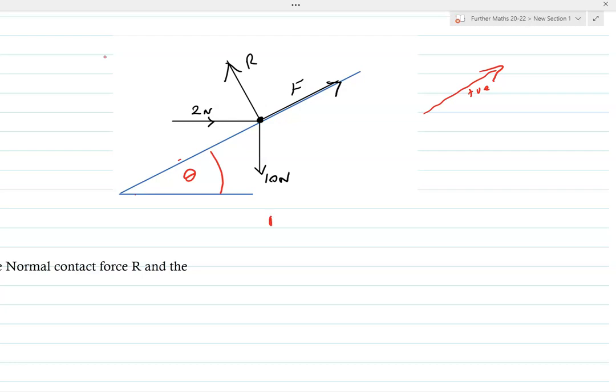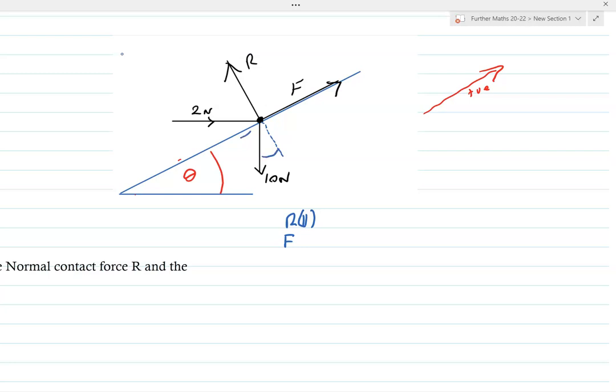So let's do the equation. I'll change pen color to blue. So resolve parallel. Up the slope we've obviously got F. There's no need to fuss about that, it's not at an angle, it doesn't need to be resolved in any way. So that's F. And then let's look at the 10 newton force.